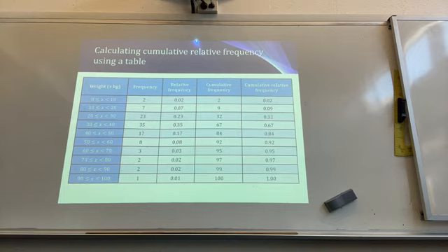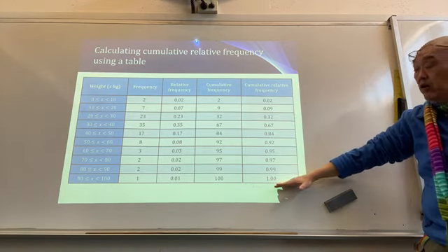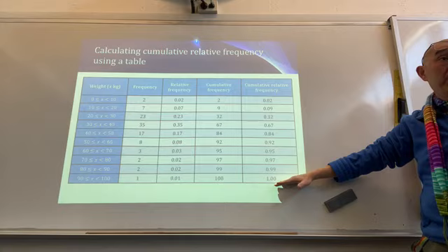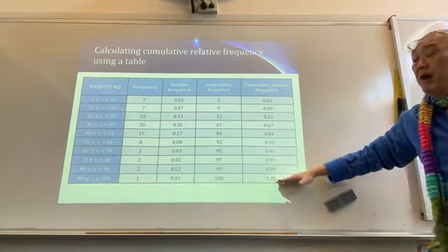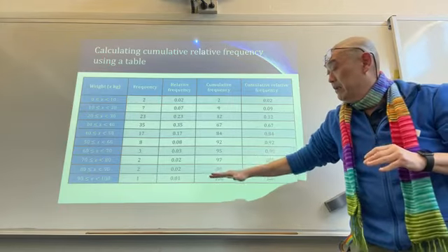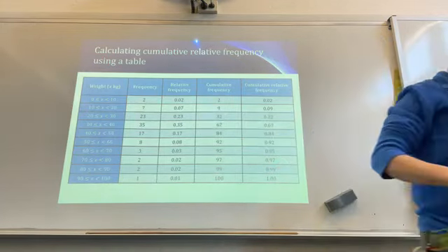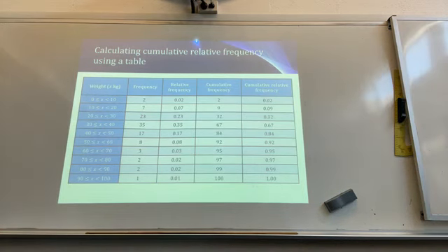Now, notice something. With cumulative relative frequency, when you add it all up, the end is always 1, because it's 100 divided by 100, the sum divided by the sum, the total sum divided by the total sum. In this case, I'm looking at this example, which was from a couple of weeks ago, 3 or 4 lessons ago.